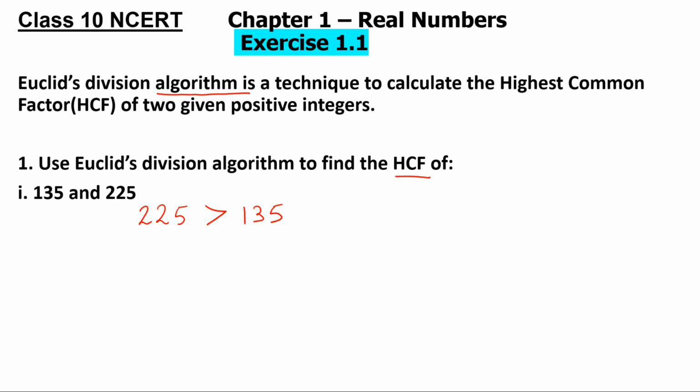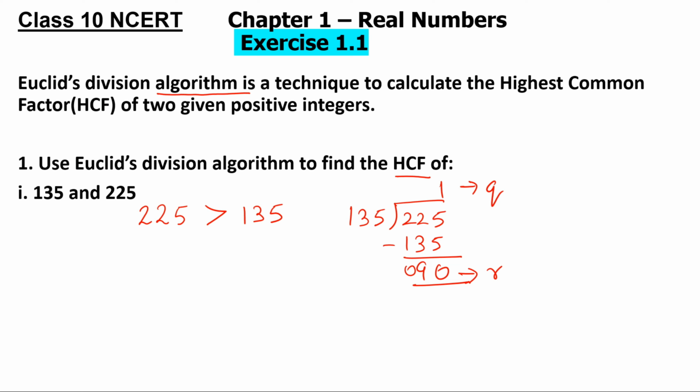So we do the division here: 225 by 135. 135 goes one time and we get 90. This is the quotient and this is the remainder.